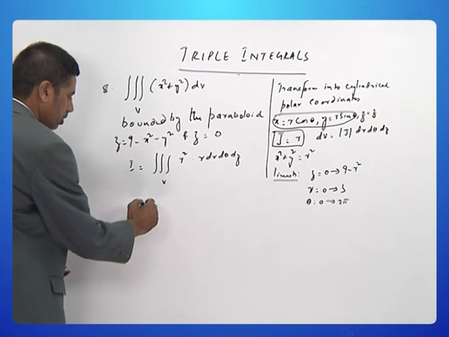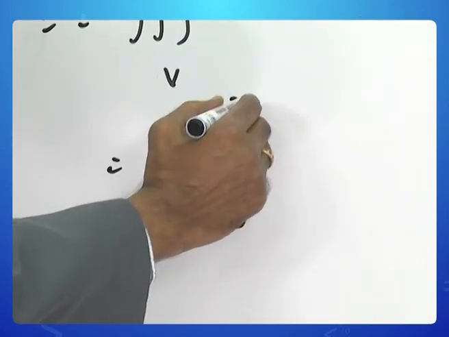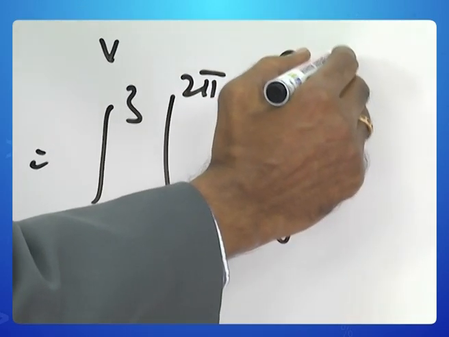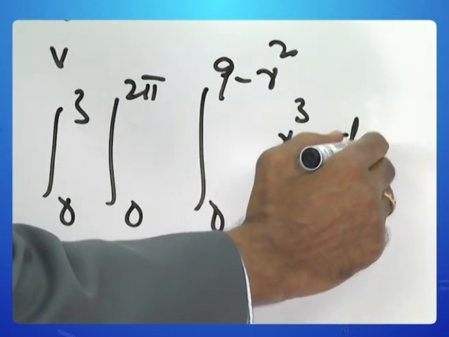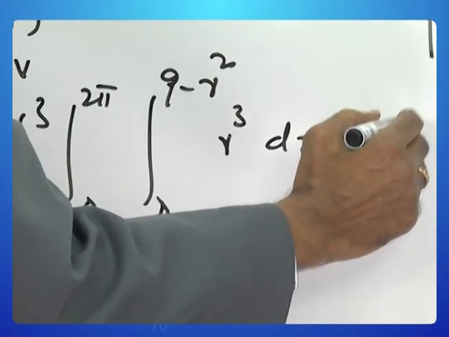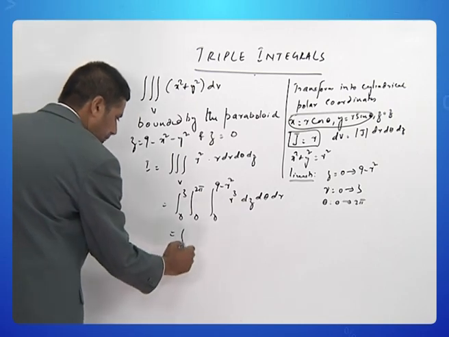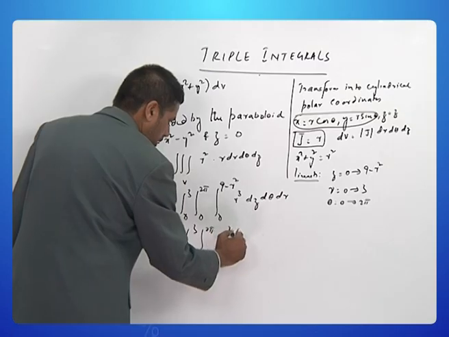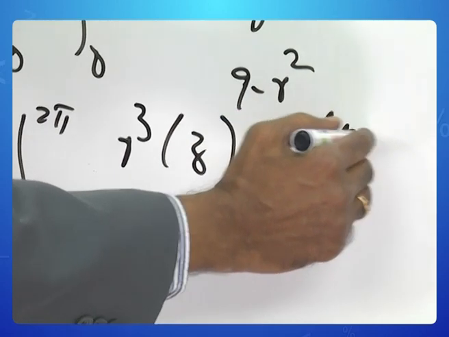So therefore, you will have 0 to 3, 0 to 2 pi, 0 to 9 minus r square, r cube. First we'll do with respect to z, then theta, then r. So this will be 0 to 3, 0 to 2 pi, r cube z from 0 to 9 minus r square d theta dr.